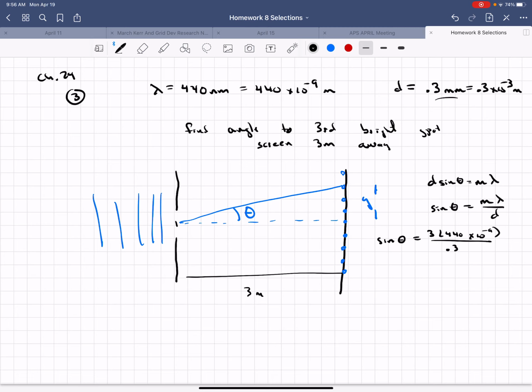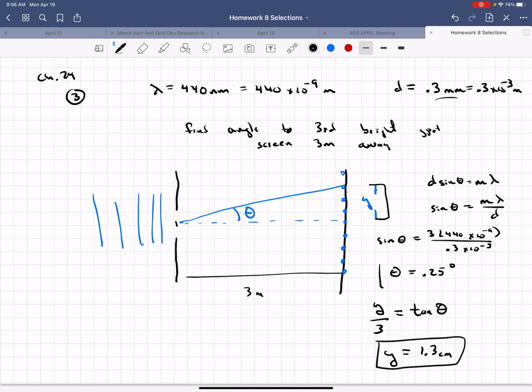The distance is 0.3 times 10 to the minus 3. And when I solve for that, I get that the angle was 0.25 degrees. And then if I use some trigonometry, y over 3 would be the tangent of that angle. And I can solve for the distance y, which is this distance here along the screen. And that turns out to be 1.3 centimeters. So that's my angle and my distance using the idea of double slit interference.